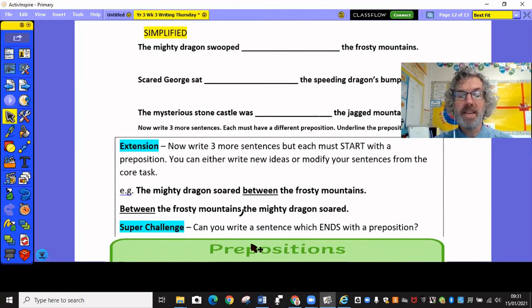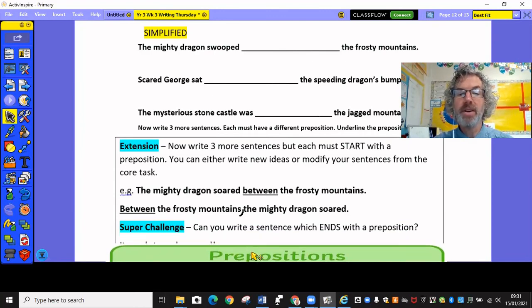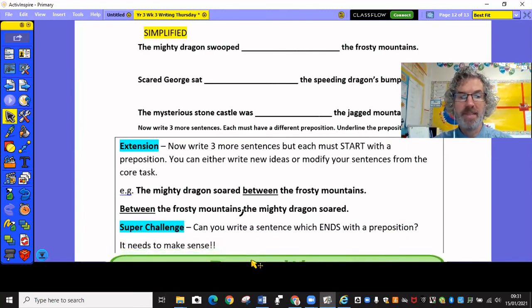Now, I've been particularly mean today and given you a super challenge. Can you write a sentence which ends with a preposition? It still needs to make sense. Well, if we took this as an example, we've got frosty mountains, we've got a mighty dragon soaring, and we've got the word between.